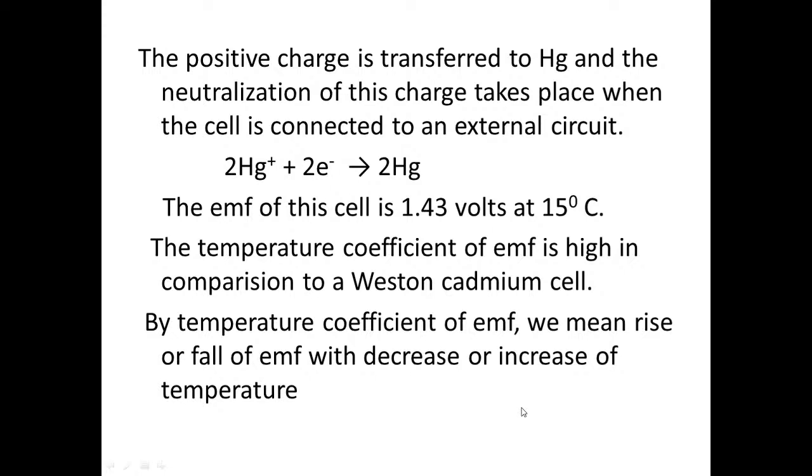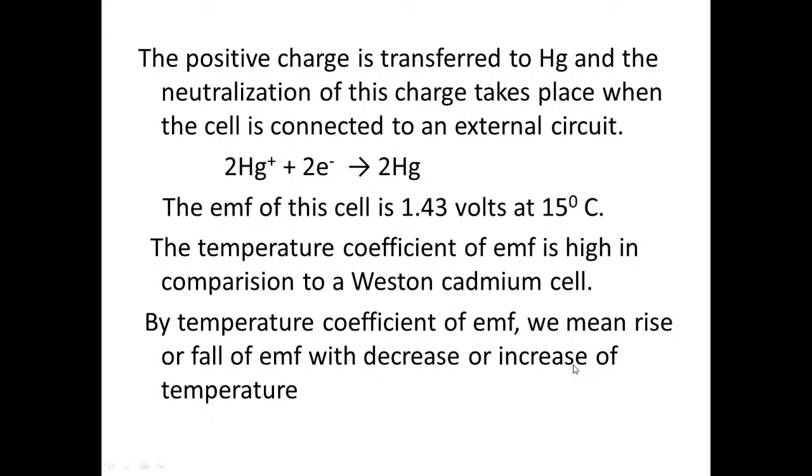The positive charge is transferred to mercury and the neutralization of this charge takes place. When the cell is connected to an external circuit, the mercurous ions combine with the electrons giving rise to solid mercury. The EMF of the cell is 1.43 volt at 15 degree centigrade.